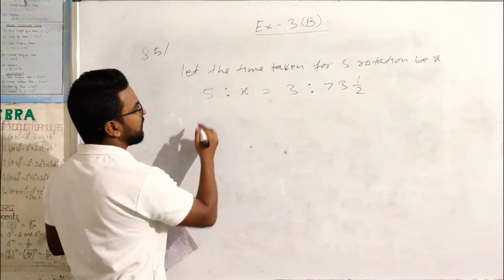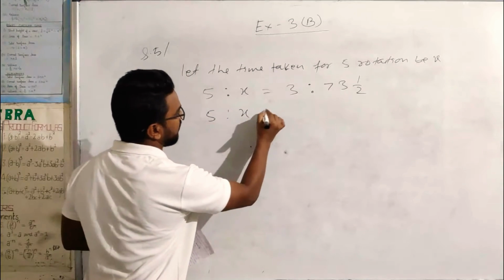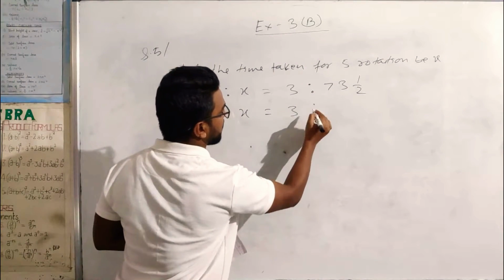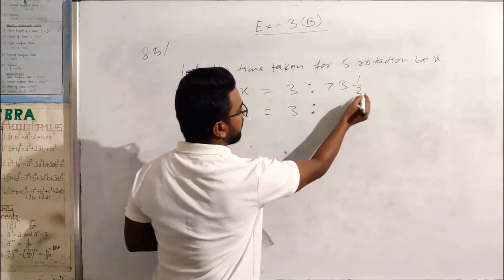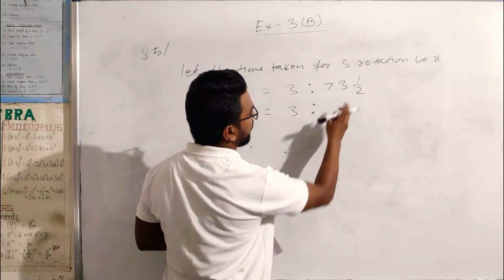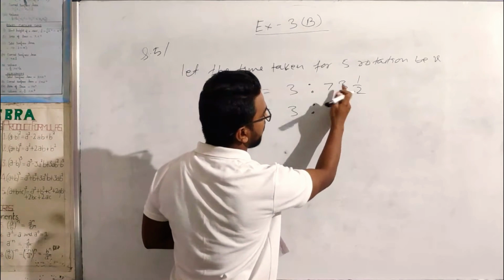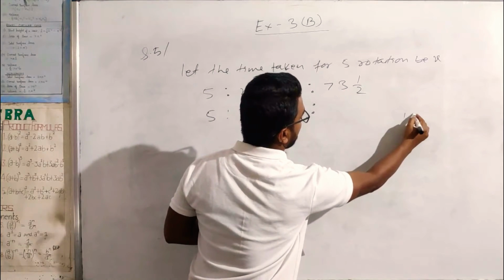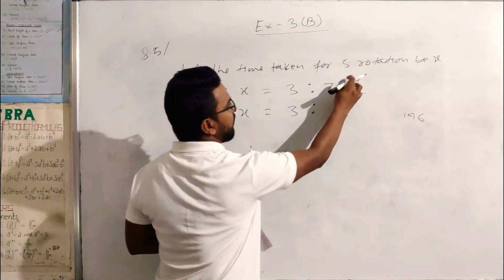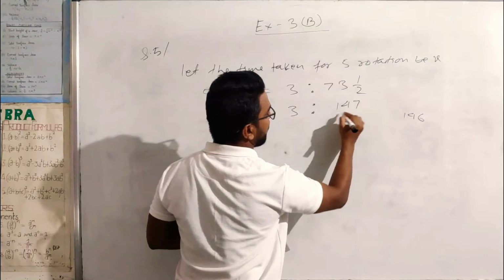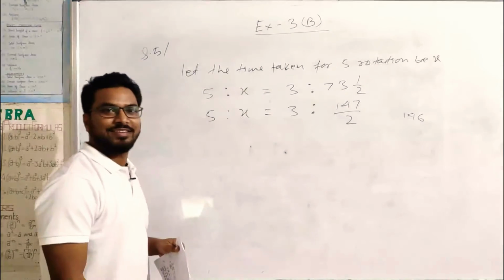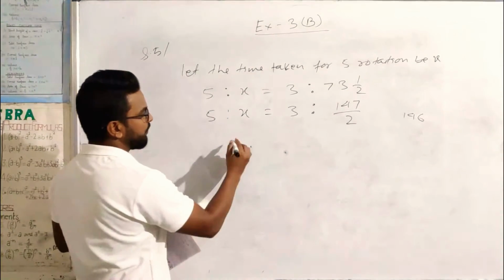So what can you write this one? We'll write it again. We'll convert this mixed fraction into an improper fraction. If you multiply, it will be how much? 73 times 2 is 146, plus 1, 147/2, right? Next what we'll do?